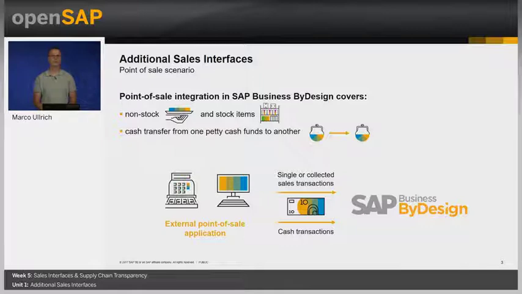Returning of goods or ticketing handling are possible as well. If there are more complex transactions, it might be an option to establish an integration to SAP Customer Checkout, which is a powerful point-of-sales application provided by SAP.